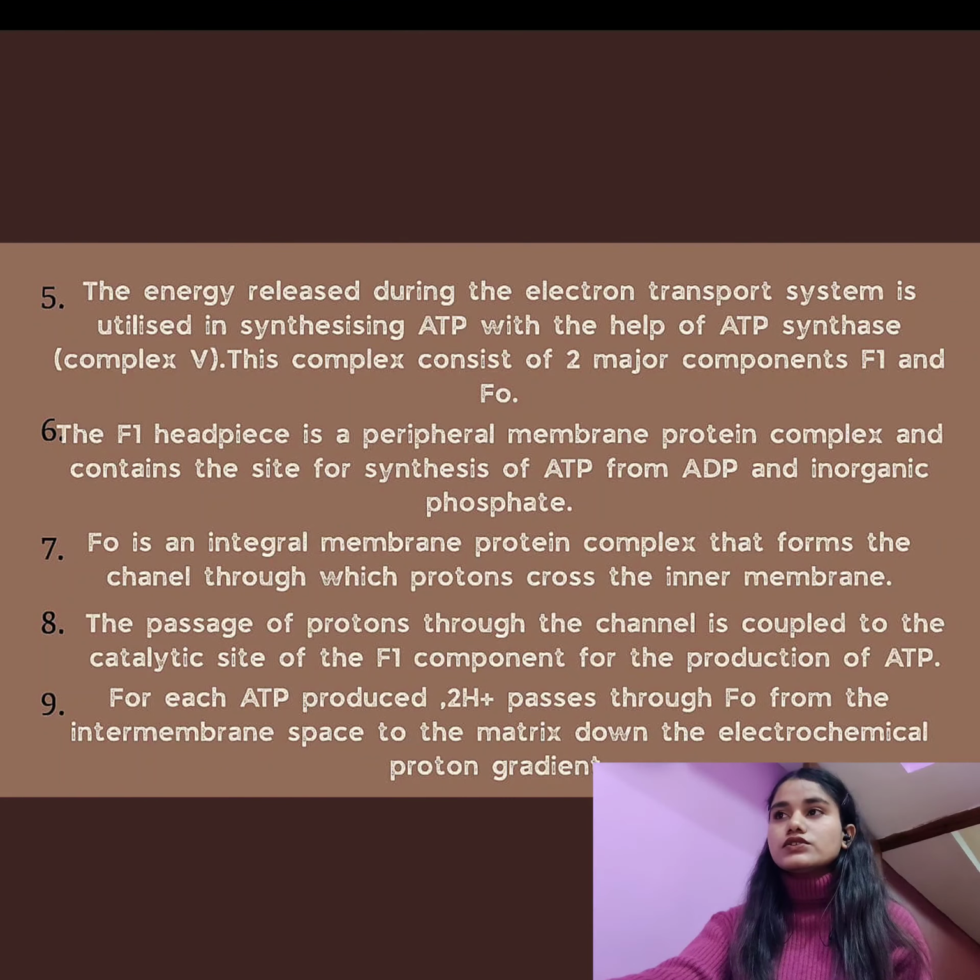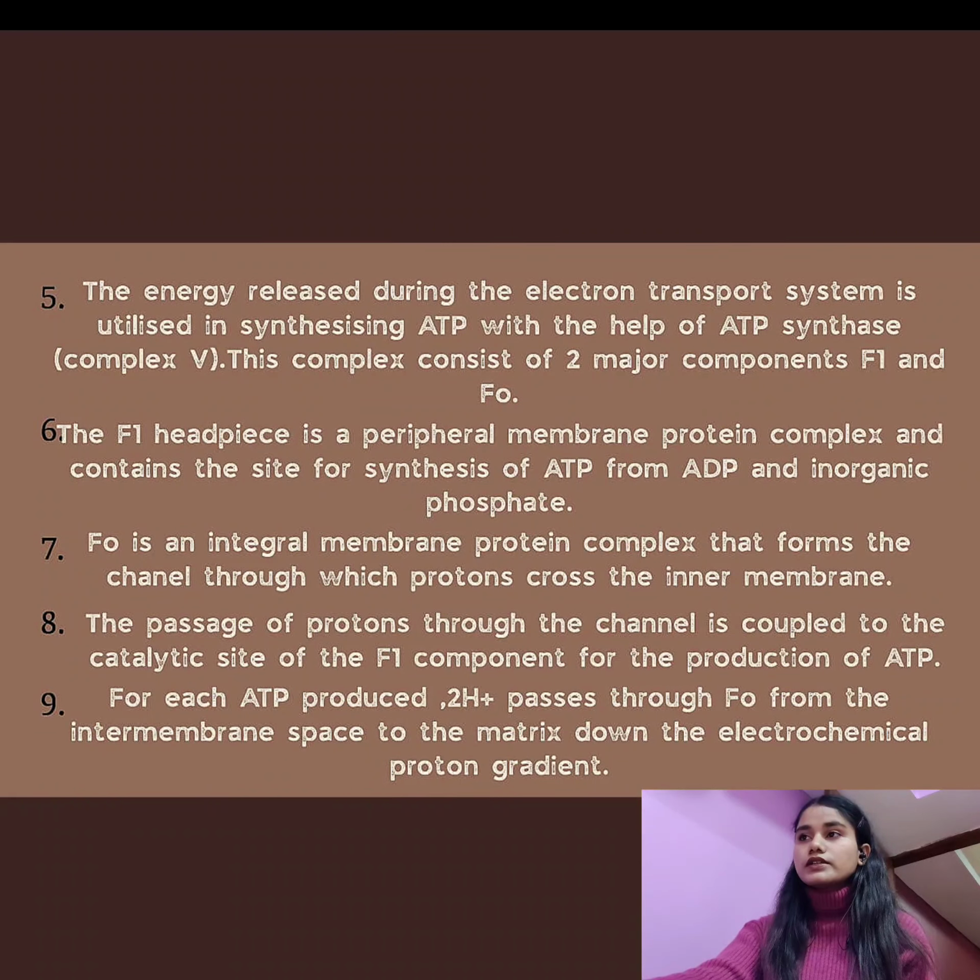The energy released during the electron transport system is utilized in synthesizing ATP with the help of ATP synthase, complex 5. This complex consists of two major components, F1 and F0. The F1 headpiece is a peripheral membrane protein complex and contains the site for synthesis of ATP from ADP and inorganic phosphate.